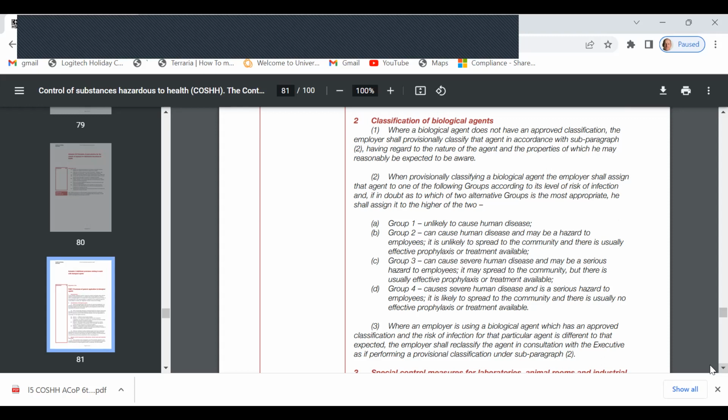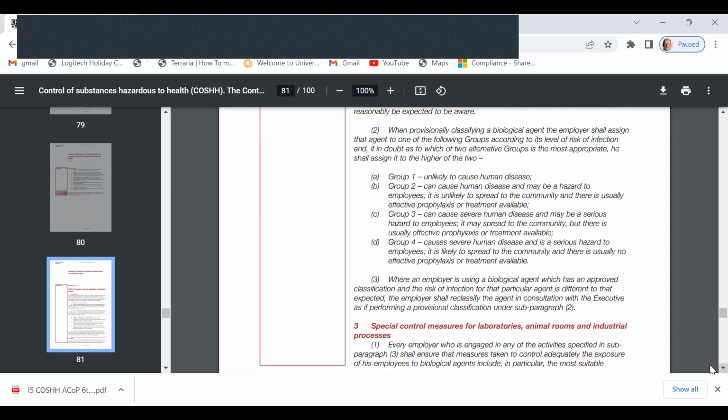Group 3, can cause severe human disease and severe impact. And then group 4 causes severe human disease and is a serious hazard to employees. It's likely to spread to the community, and there is usually no effective prophylaxis or treatment available. So you can see how the severity increases there.